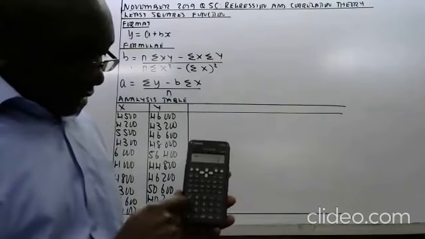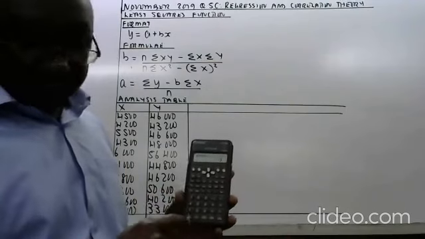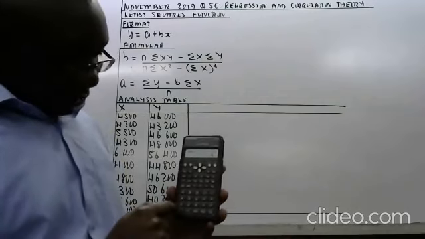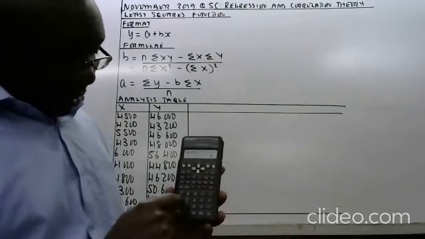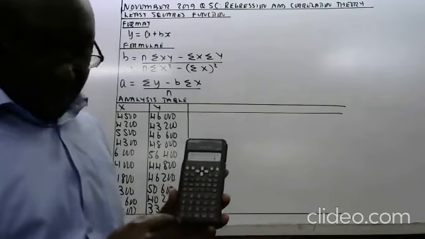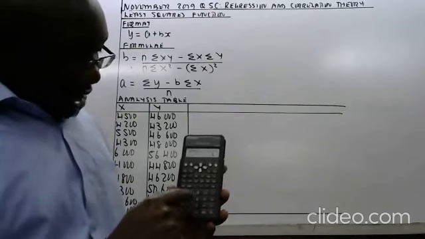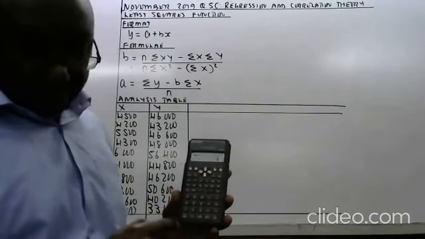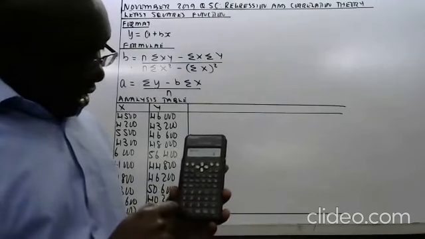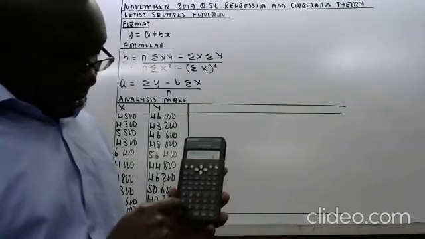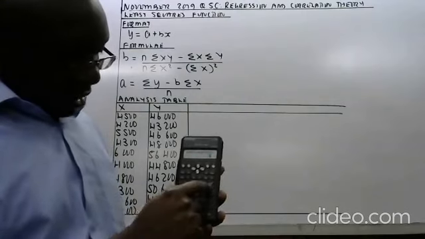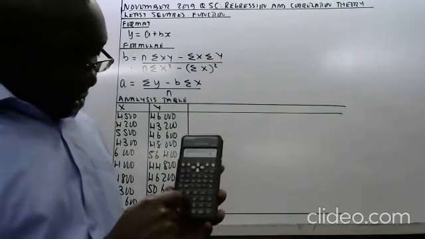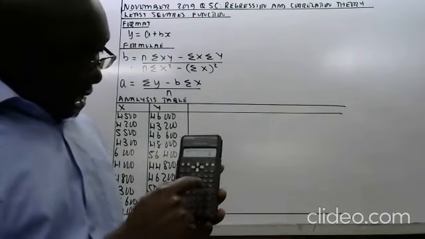Then 4,300 comma, 48,000 M plus. 6,000 comma, 56,400 M plus. 4,000, 44,800 M plus. 4,800 M plus, 46,200 M plus. 5,300, 50,600 M plus.